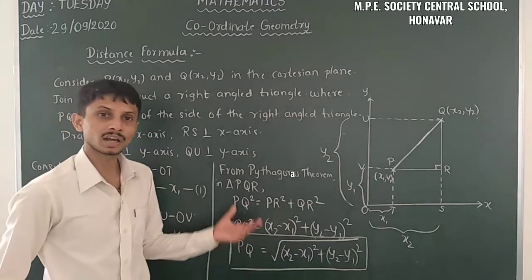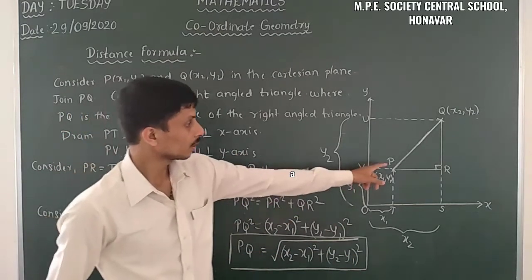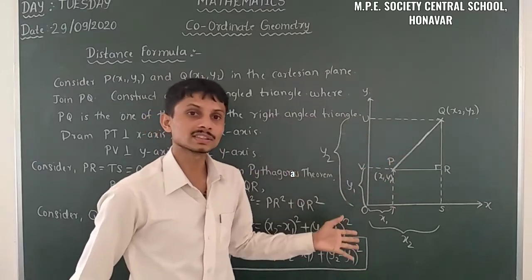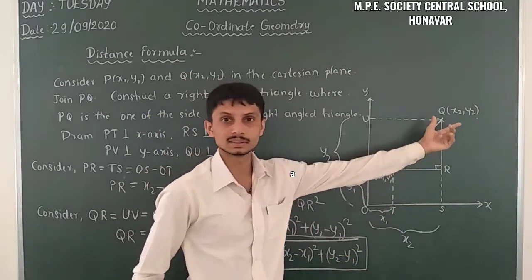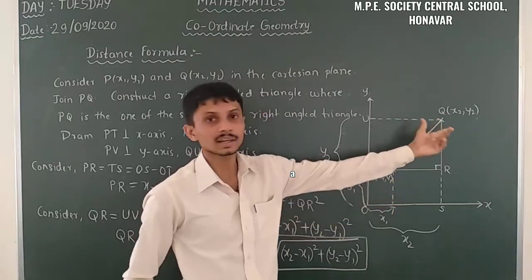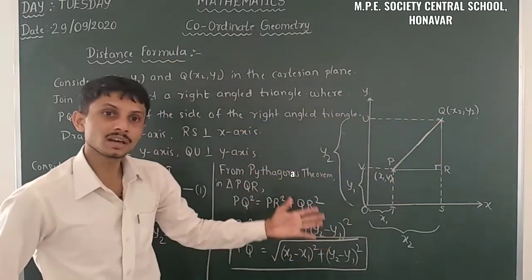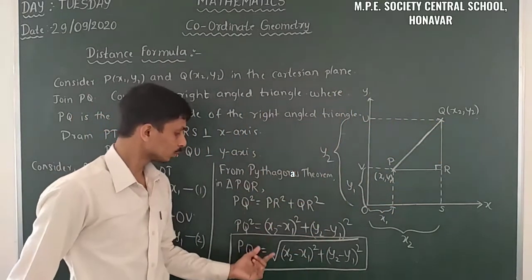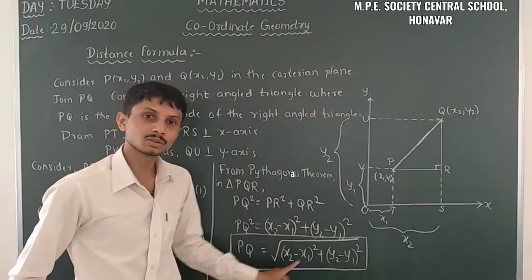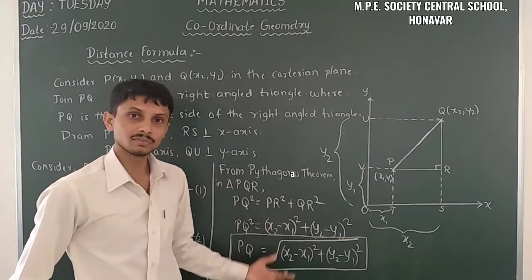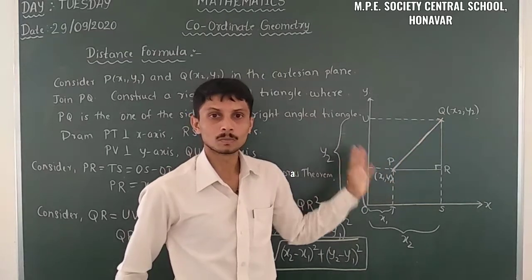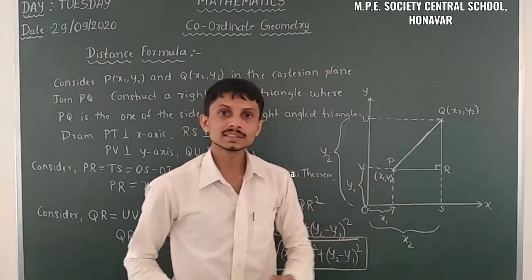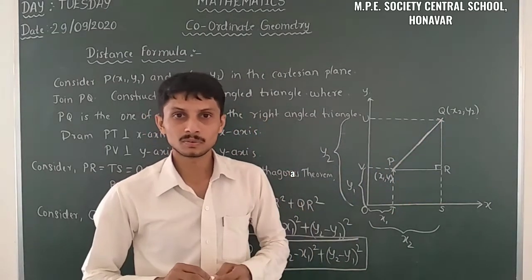This is the formula required to calculate the distance between any 2 points in the Cartesian plane. With the coordinates x1, y1 and x2, y2, we can substitute them into this formula and easily calculate the distance between those 2 points. So this is about the distance formula.